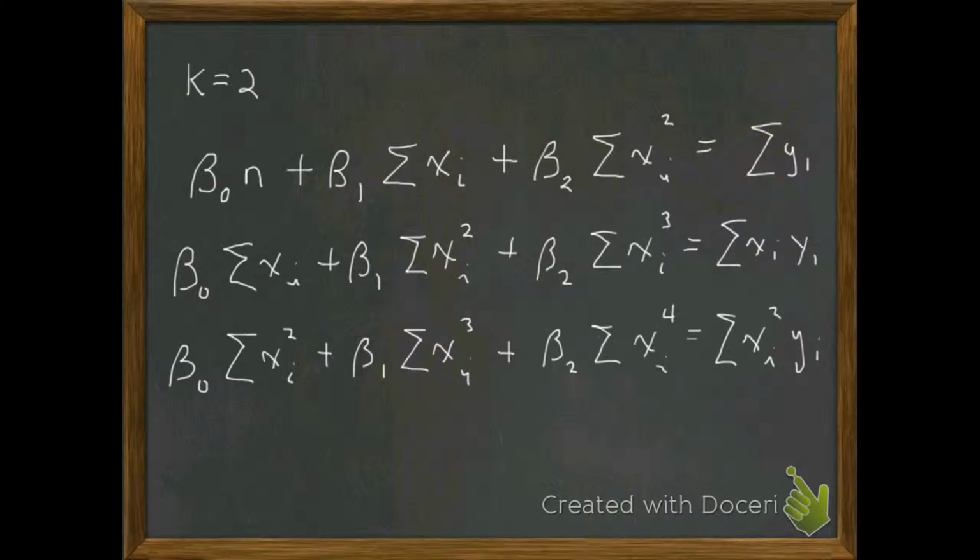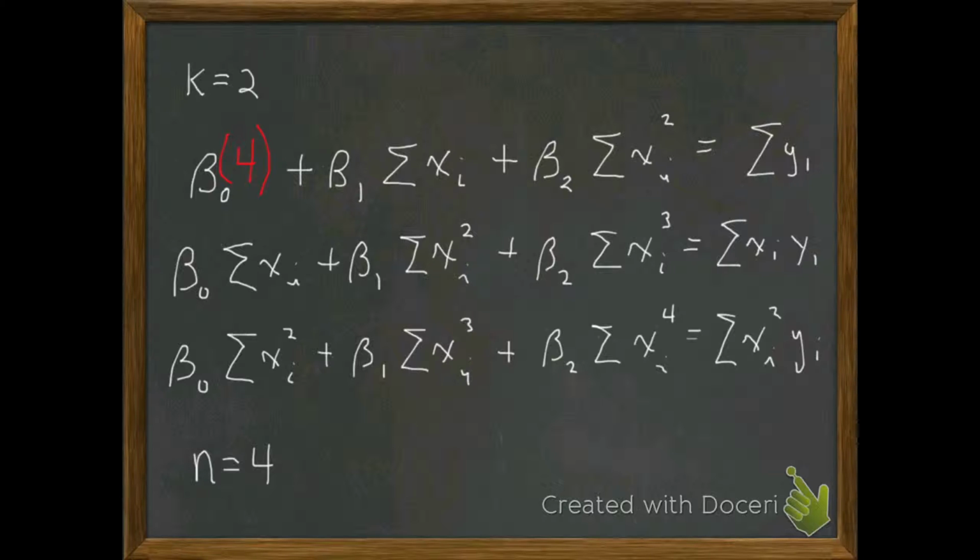We also could have solved this by, we know that n in this case was 4, so we could have had 4 there.